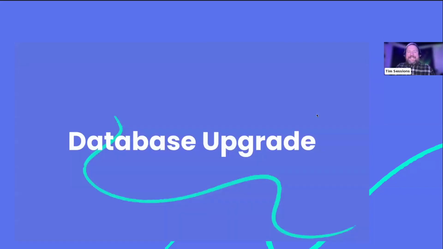Now, the first one I wanted to discuss is the reason behind everything that we're talking about today, and it's the database upgrade. If you were able to lift up the hood of Audience, you'd find that we've upgraded our database to a renowned distributed SQL database.